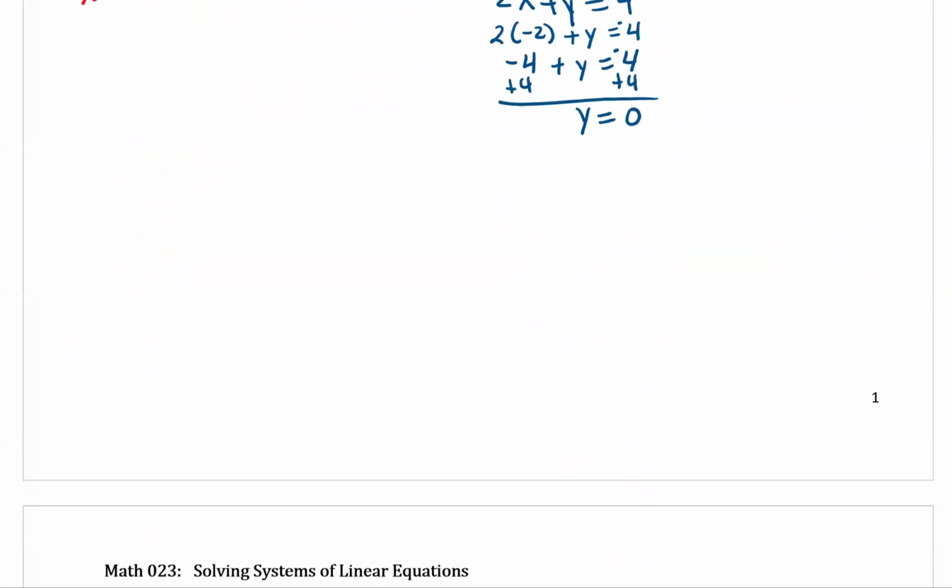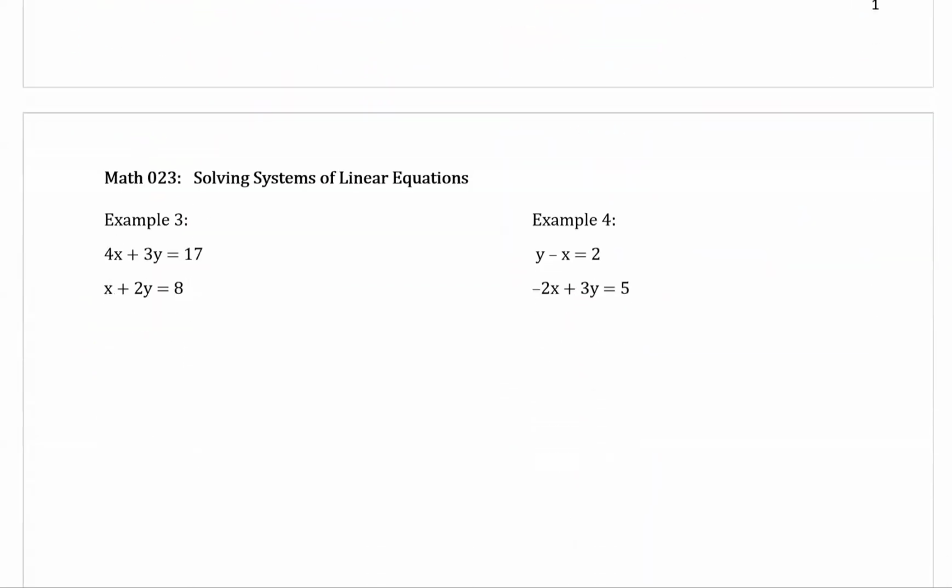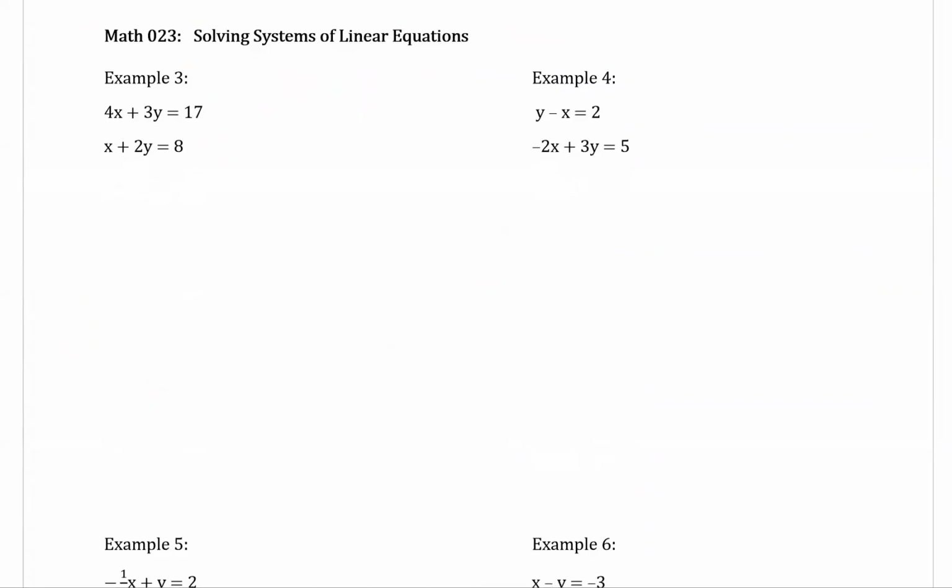Example 3. In order to not have fractions, I'm going to solve the second equation for x. It is the only variable that has a coefficient of 1. So I'm going to solve for x by subtracting 2y from both sides.